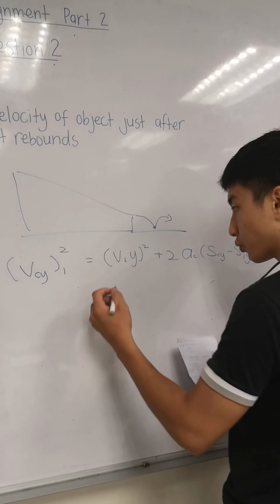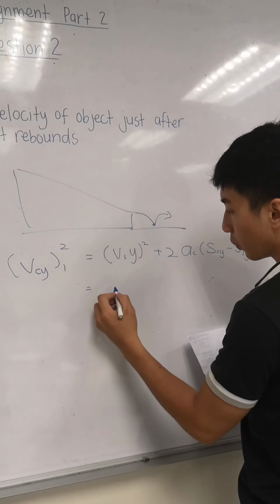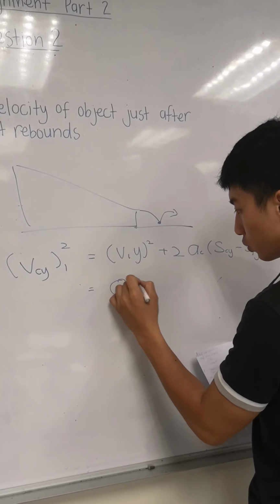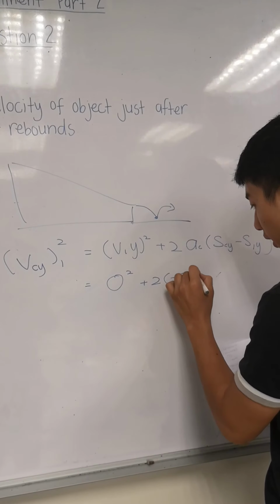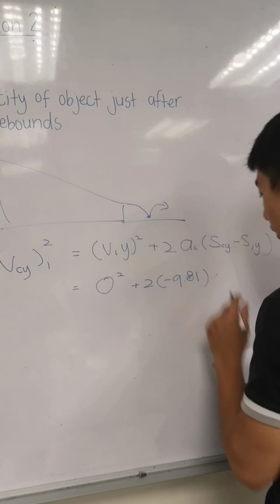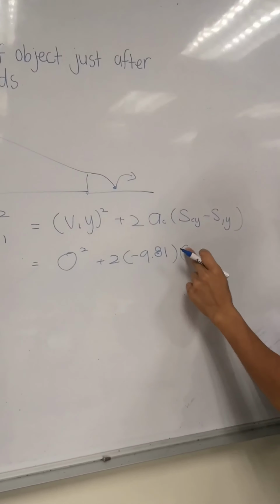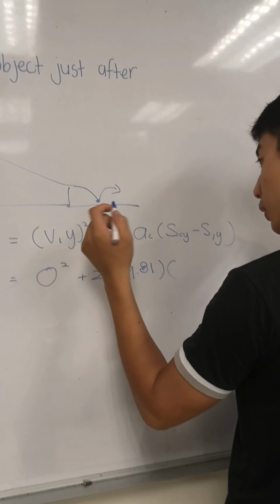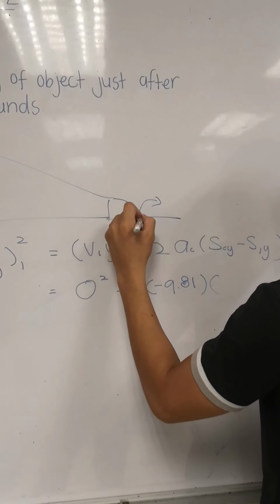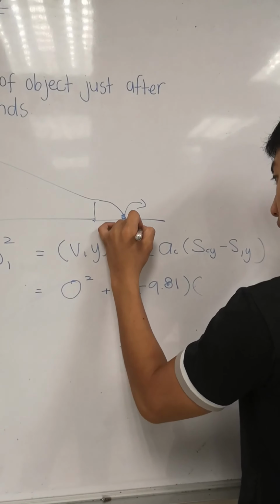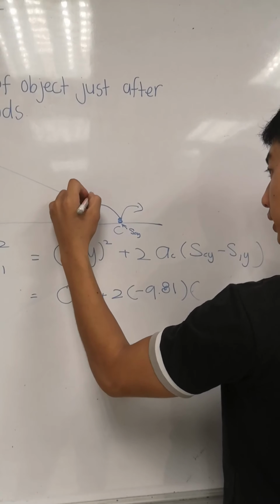V1y is 0 plus 2 times 9.81 times SCY minus S1y. SCY is here and S1y is here.